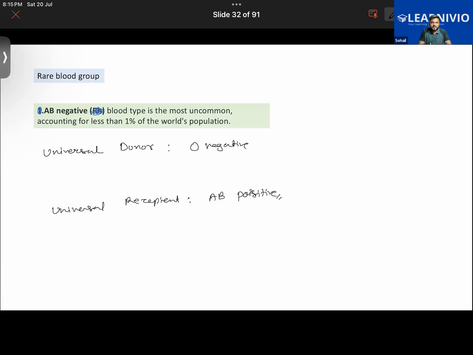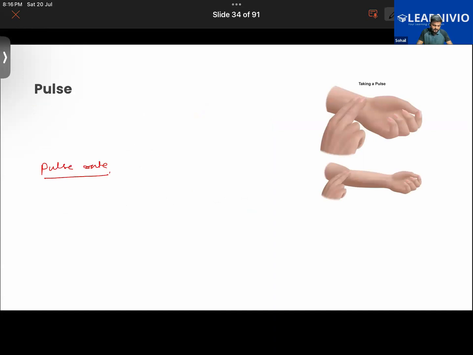Okay, for those of you who are done, give the topic pulse, P-U-L-S-E. Sir, in the next page, or we can write down continuing from next? Continuing in continuation. Done, sir. Okay, I'm changing the slide.